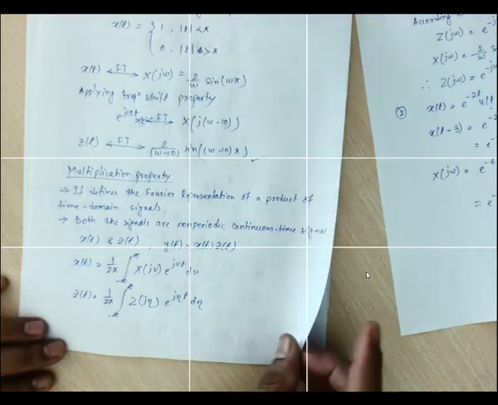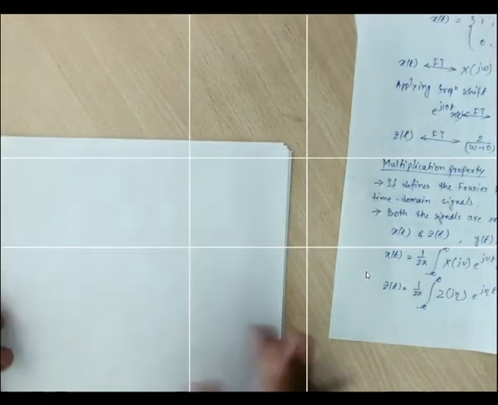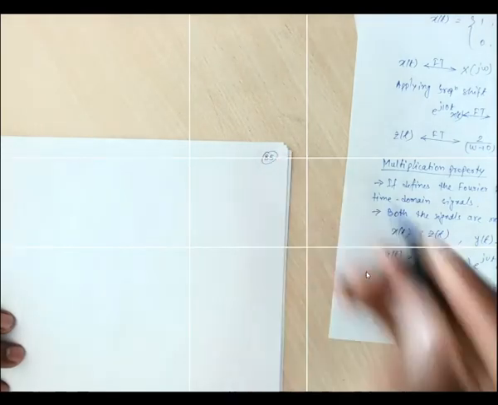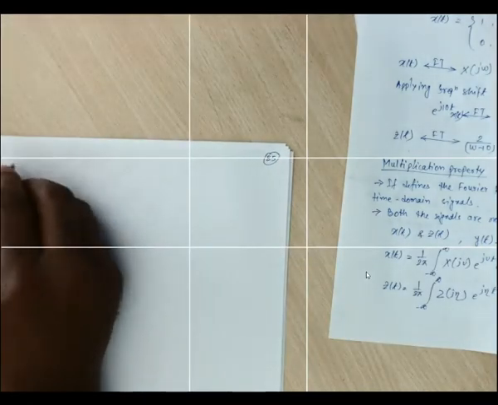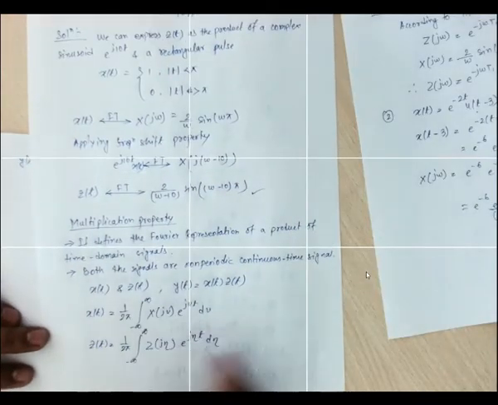So our product signal y of t will be the multiplication of these two.